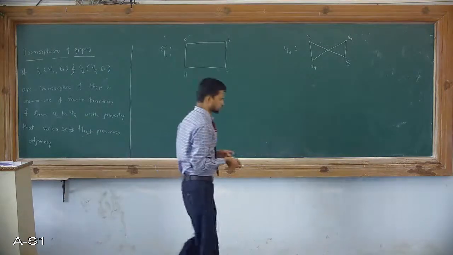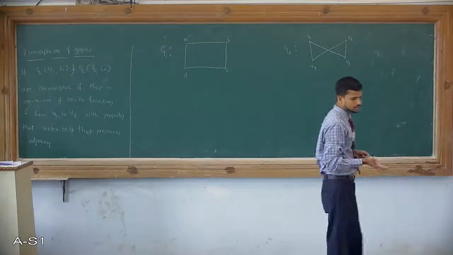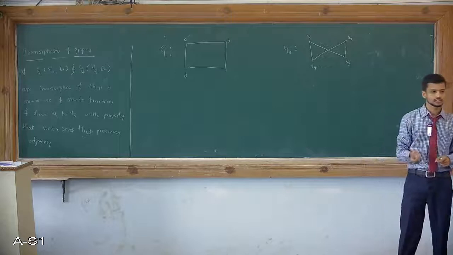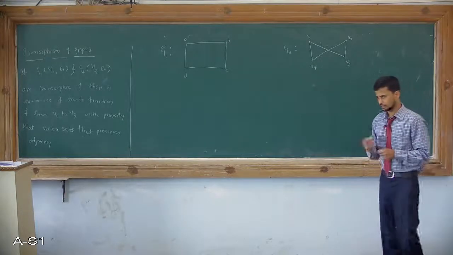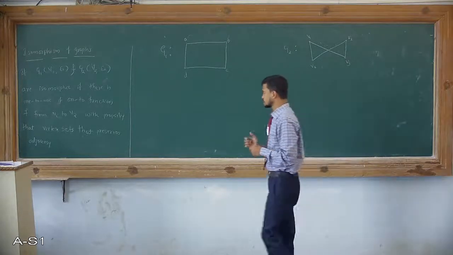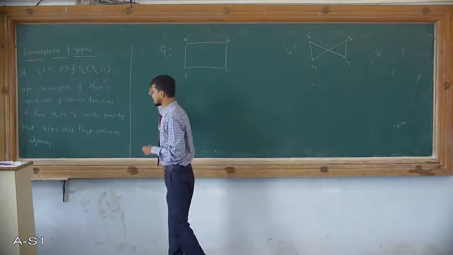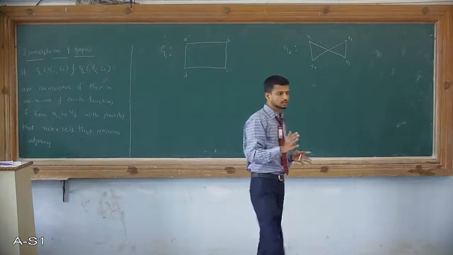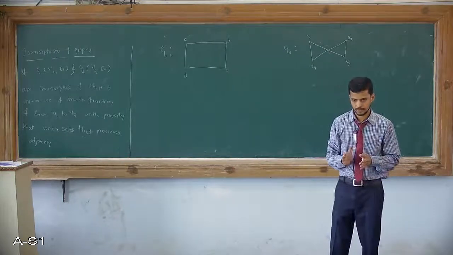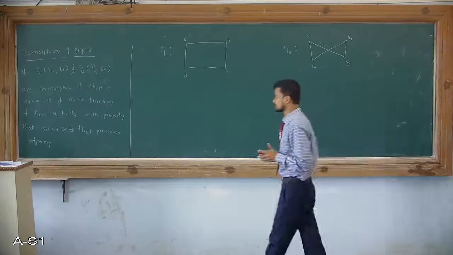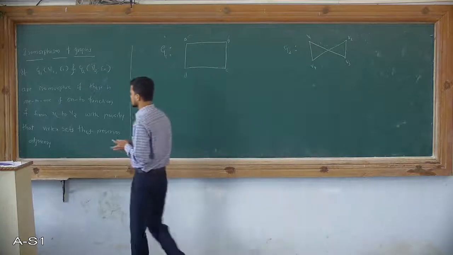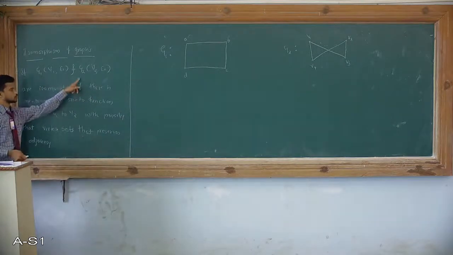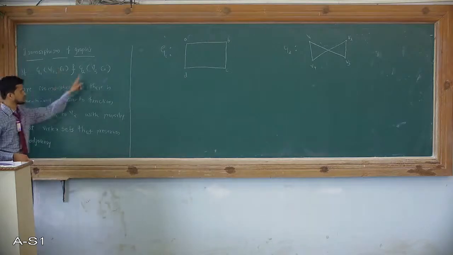Now I will use this definition to show that these two graphs are the same. In other words, they are similar graphs by using the isomorphic definition. What is the isomorphic definition? If G1 and G2, here V1 is a vertex set, V2 is a vertex set.